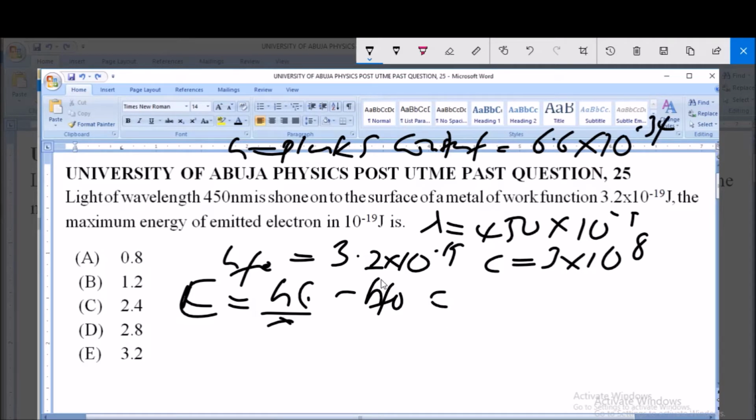We have that E equals hc over lambda minus hf naught. We know that our hf naught is the work function, which is 3.2 times 10 raised to the power of minus 19.